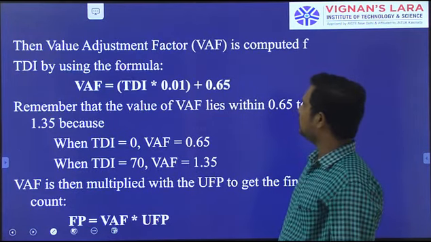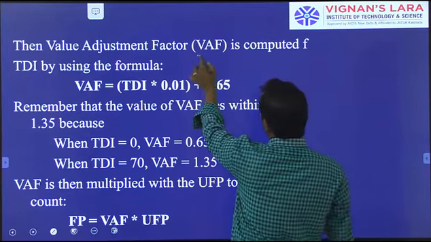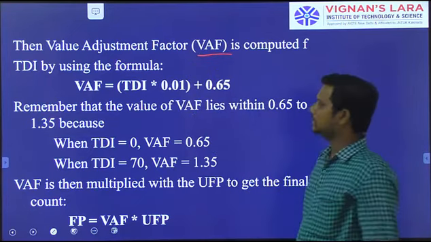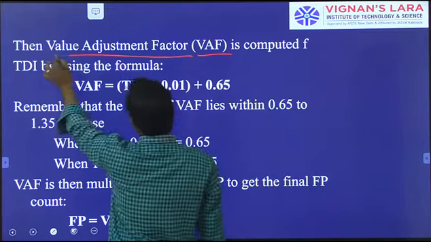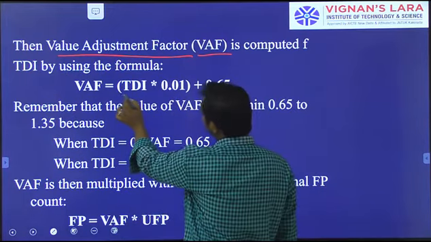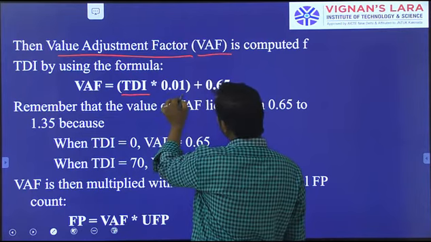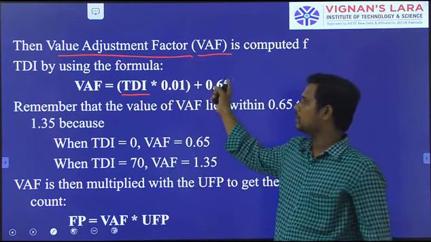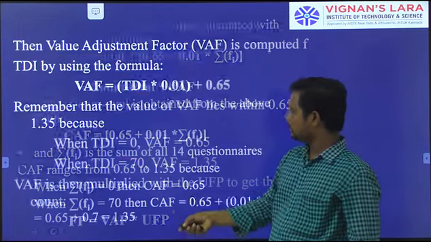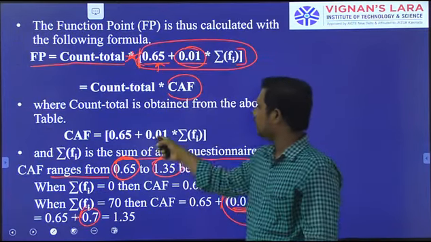Okay. The value adjustment factor, VAF. VAF is equal to TDI multiplied by 0.01 plus 0.65. You know these two numbers already, here and here.